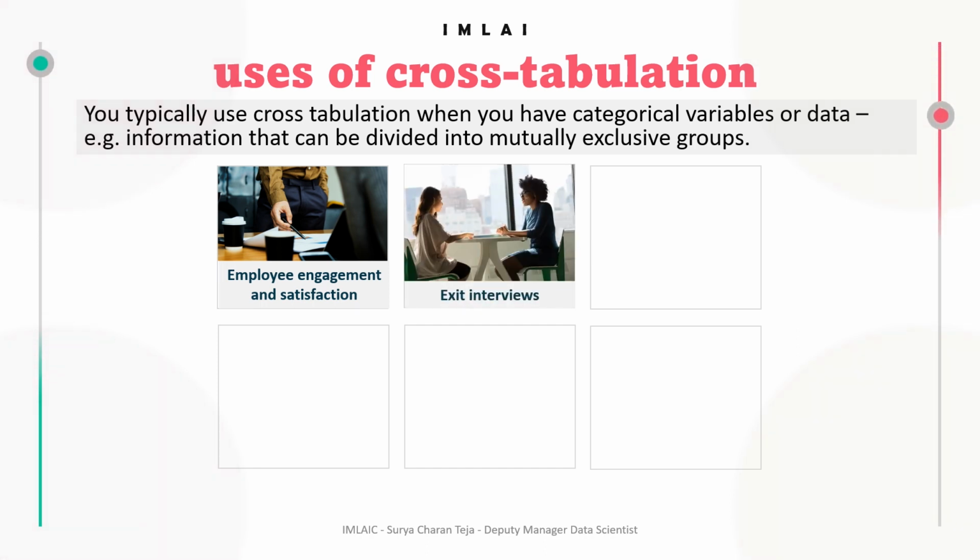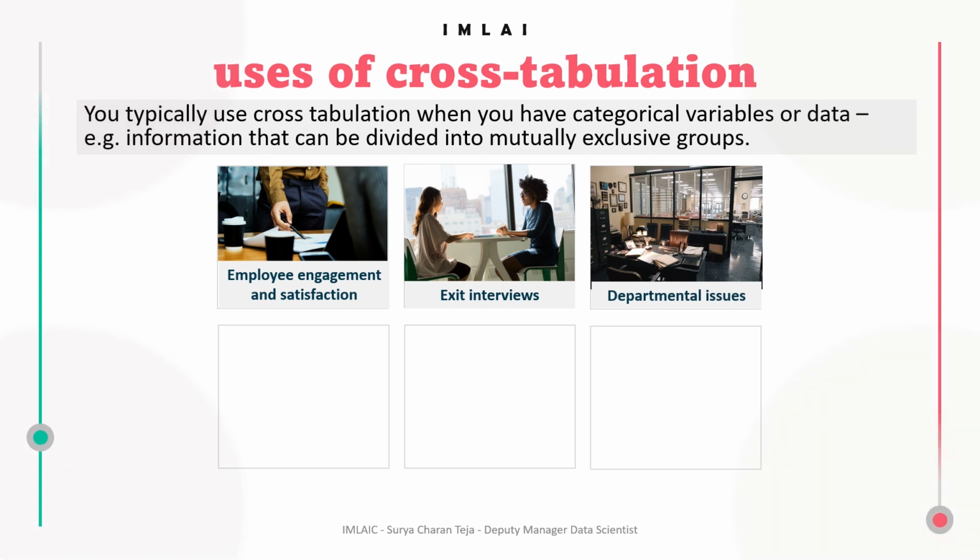Why are employees leaving and what could you do differently? Is there a correlation between employees leaving and progression? That's just for example. So based on these problem statements, you can build on it.